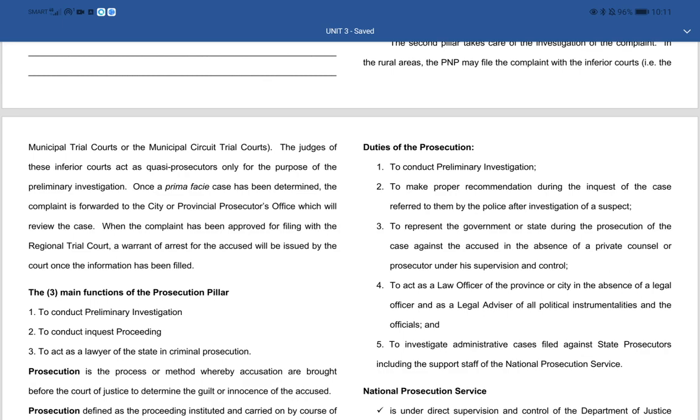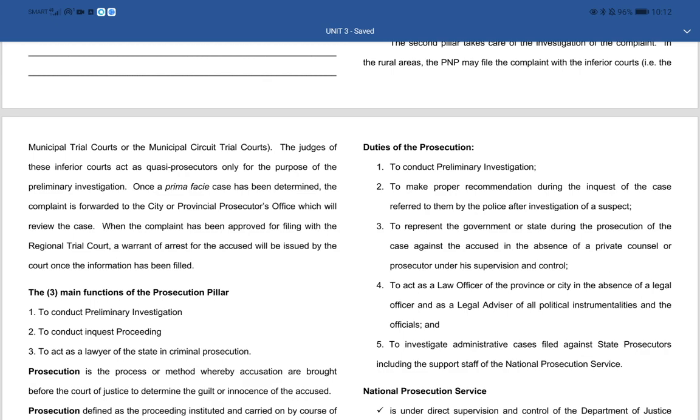The prosecution will act as the lawyer of the victim or the immediate family of the victim, while the defendant has his own lawyer, and the defendant side consists of the suspected or accused person. We have two groups in a court proceeding: the prosecution and the defendant.